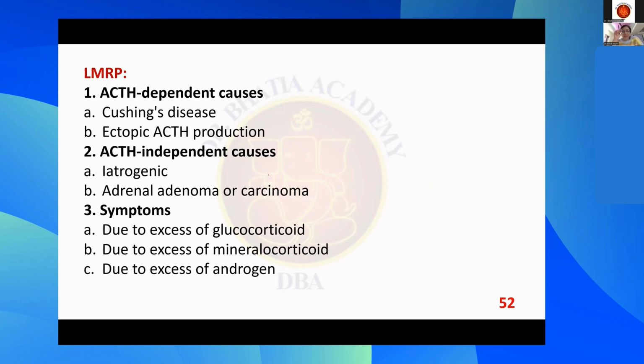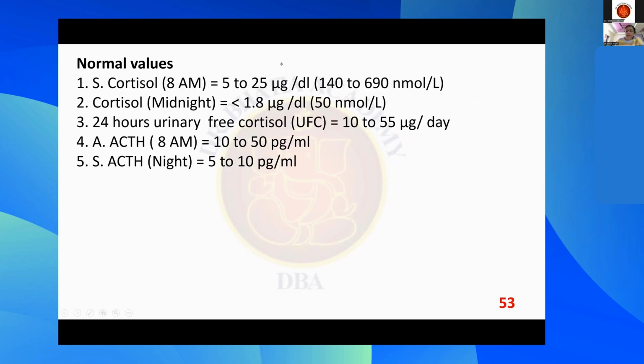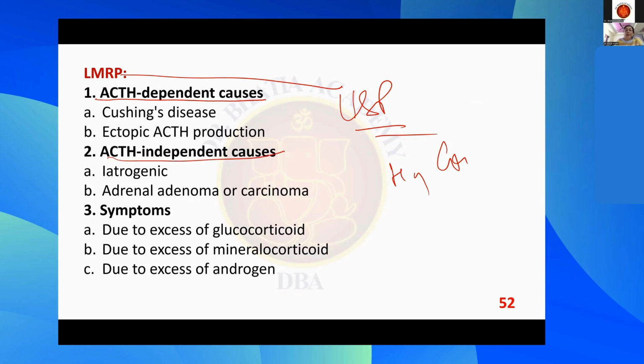Now let's revise quickly. LMRP, the last minute revision points, which we have are here. Hypercortisolism or cortisol producing tumors can be ACTH dependent or ACTH independent.